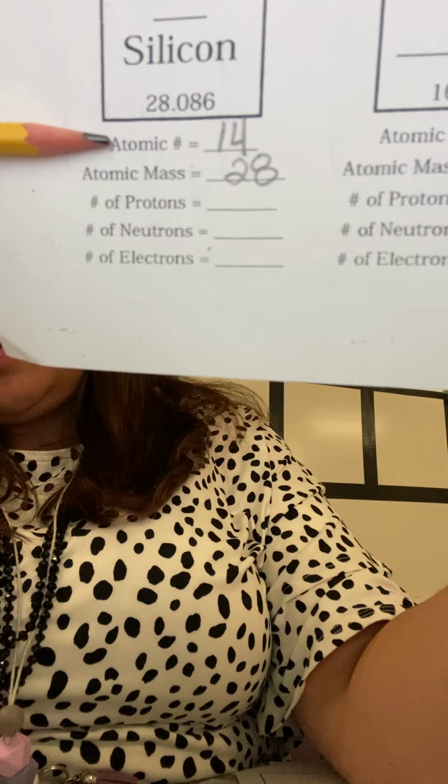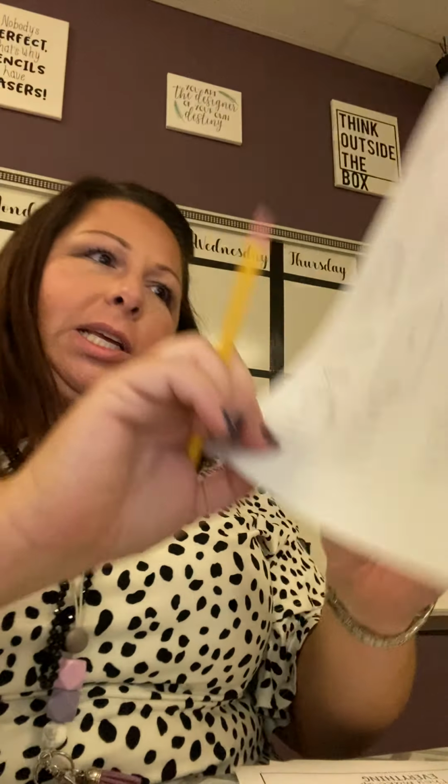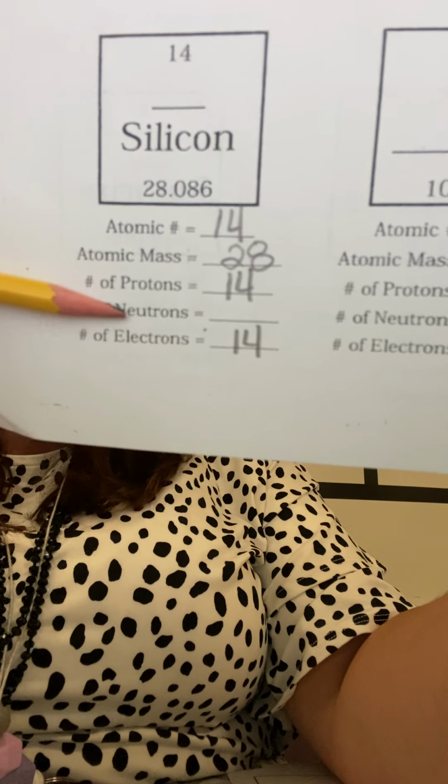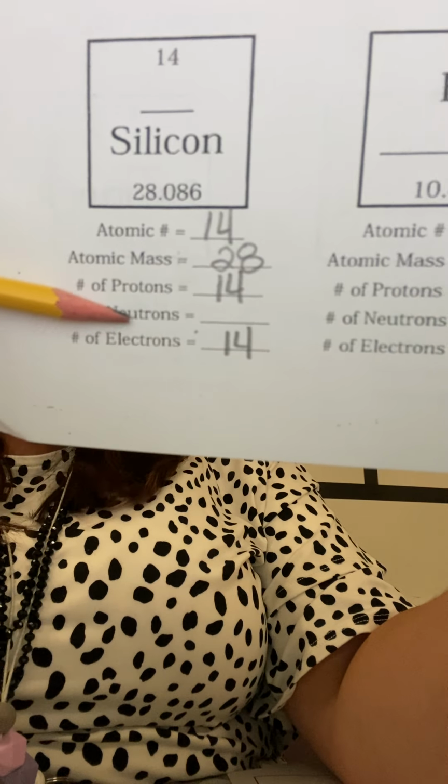So our protons come from our atomic number, which is 14. And our electrons come from our top number, which is 14. We're going to write our electrons. And then last, we need to find our neutrons, and we get that by subtracting. So 28 minus 14 gives you 14.